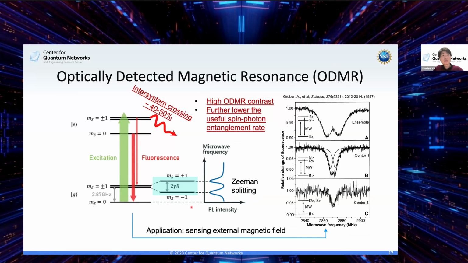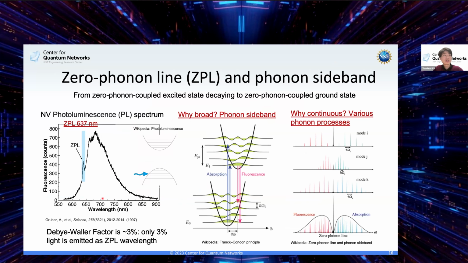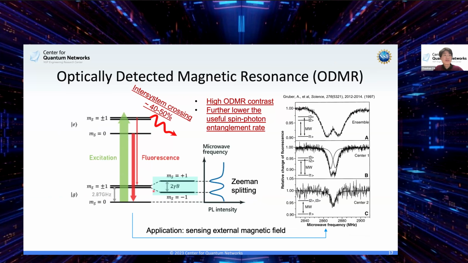Basically, it's looking at all the photons emitted from the NV center after you pump it with a green light. But if you put a microwave through the NV center close to the transition between the spin state 0 and spin plus or minus 1, you will convert some population of electrons into the spin 1 state.